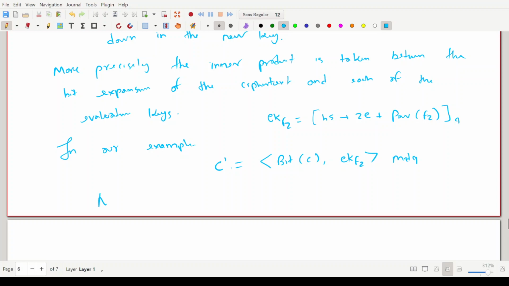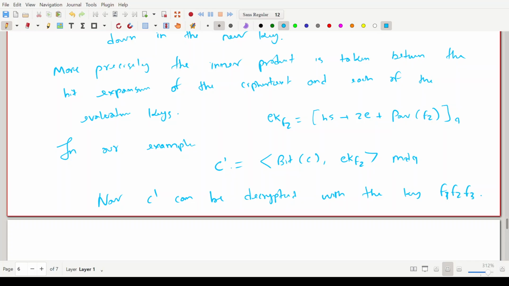Now C dash can be decrypted with the keys F1, F2, F3.